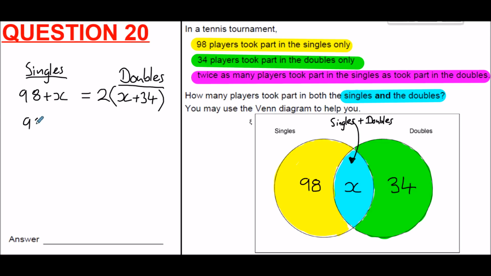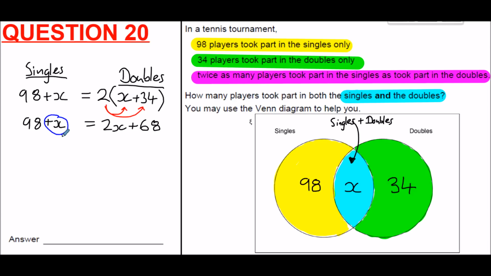So the first thing I'd suggest we do is expand the brackets to get rid of them. So we need to do 2 multiplied by x, which is 2x, and 2 multiplied by 34, which is 68. Now we've got unknowns on each side of the equation. What we need to do is get the x's to the same side.